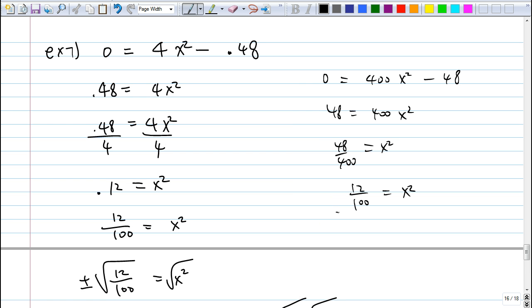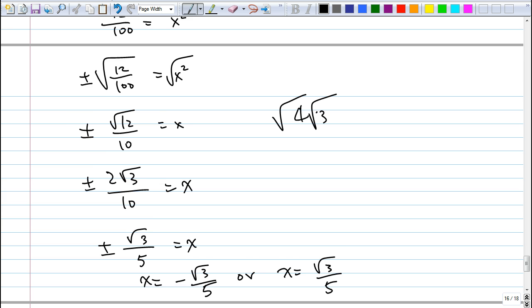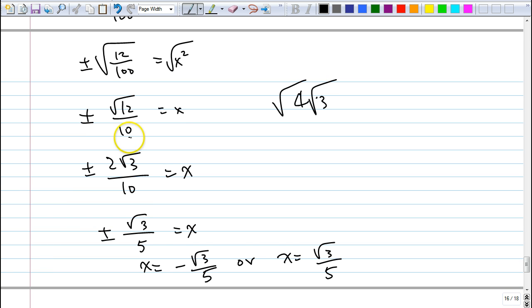Okay, finish it up. Don't forget to put the plus or minus, right? Don't you just get this? By the way, can I leave it as the square root of 3 over 5? The answer is plus or minus square root of 3 over 5. Any questions? Can you do something like this for your homework tonight? All right, good.